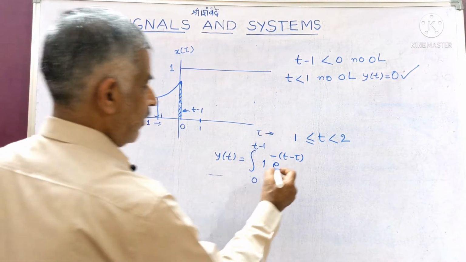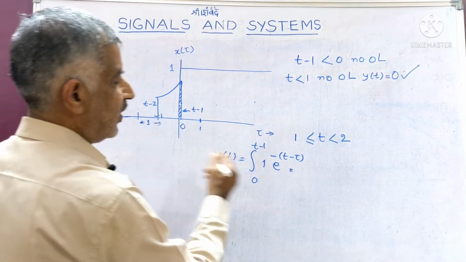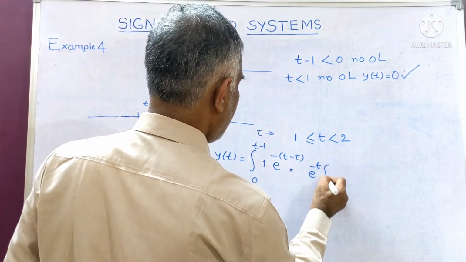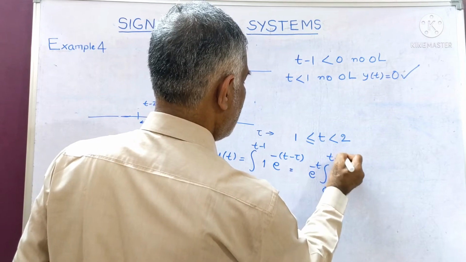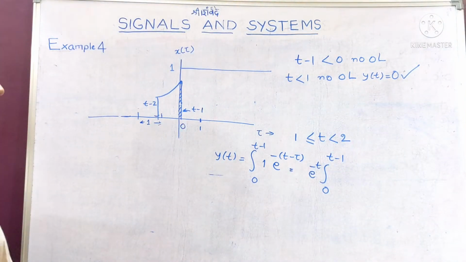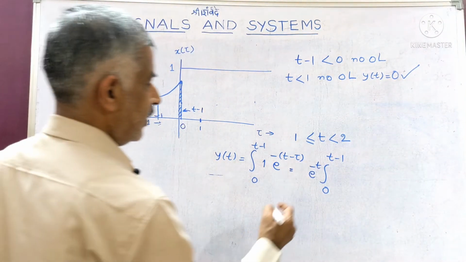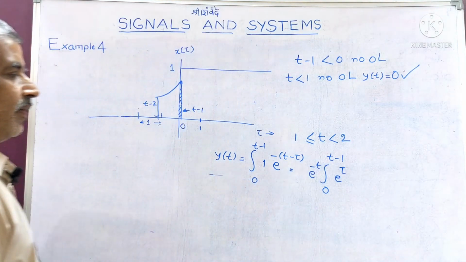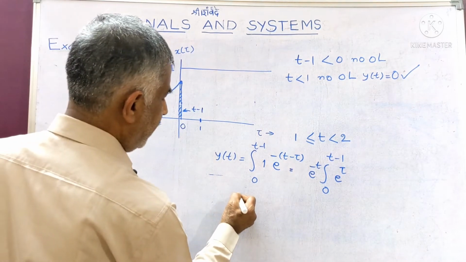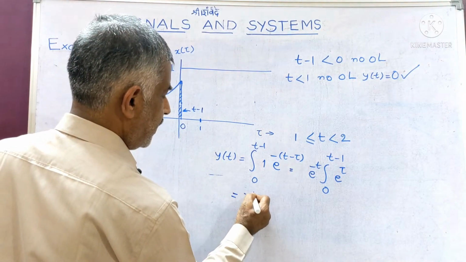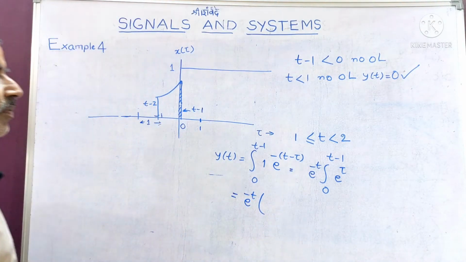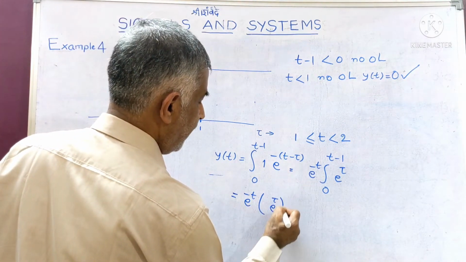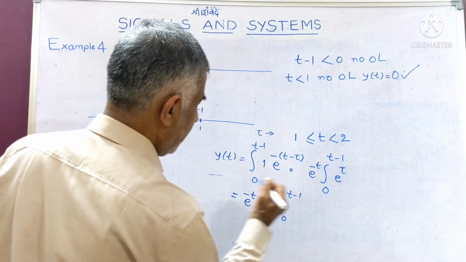So now take e power minus t outside because t is a constant: e power minus t, integral 0 to t minus 1, e power tau. Now integrate e power tau, giving e power tau between 0 and t minus 1.